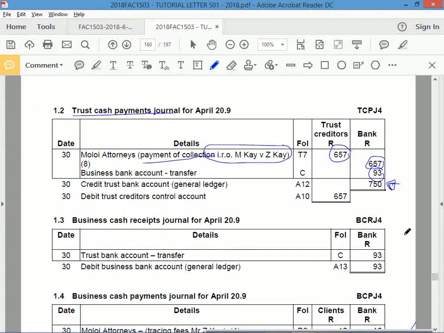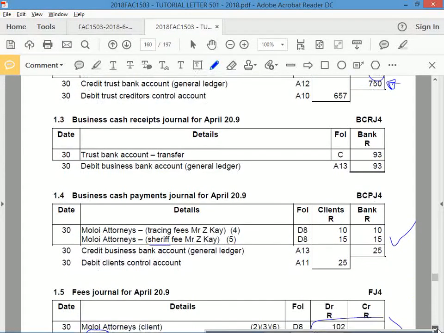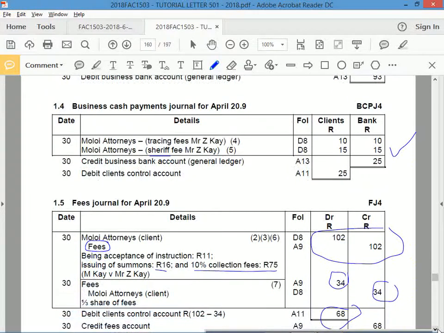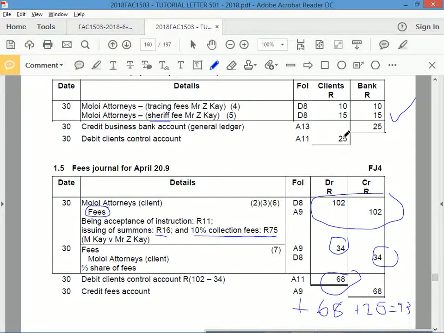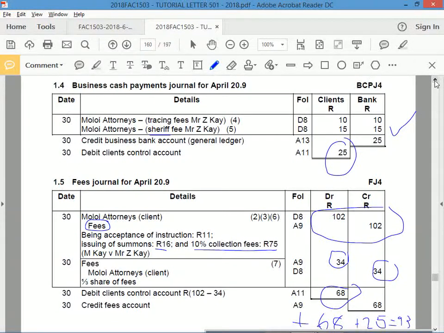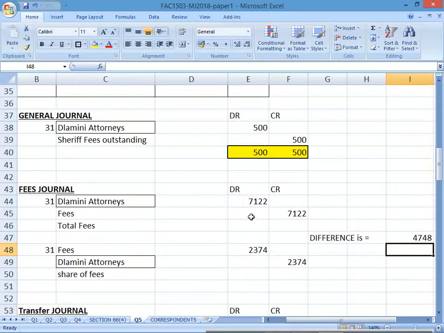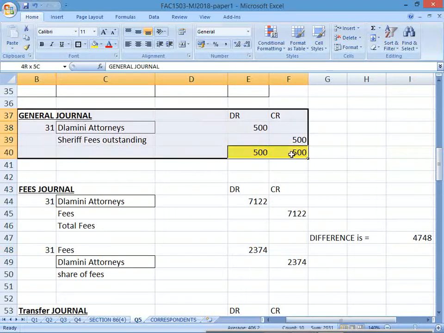The 93 is the trust bank account transfer, which we get from here, which is the 25 plus the 68. So that's the total there, which is the business CPJ and the fees journal. Okay, so in our working, we've got this. There's the 500 plus the difference.